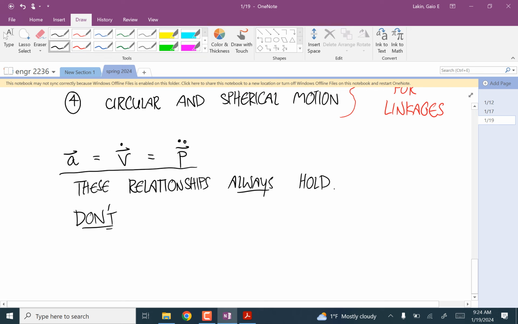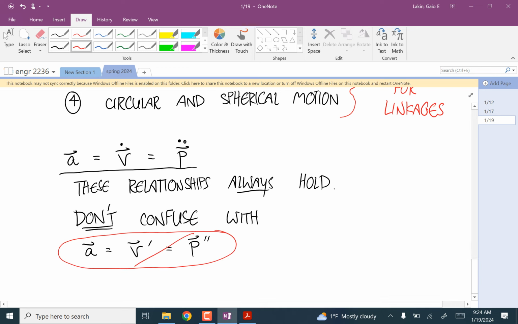Just be careful. Don't make the mistake of confusing these relationships with acceleration is equal to v prime is equal to p double prime. Okay, this is not true. This is like a schlummy relationship.